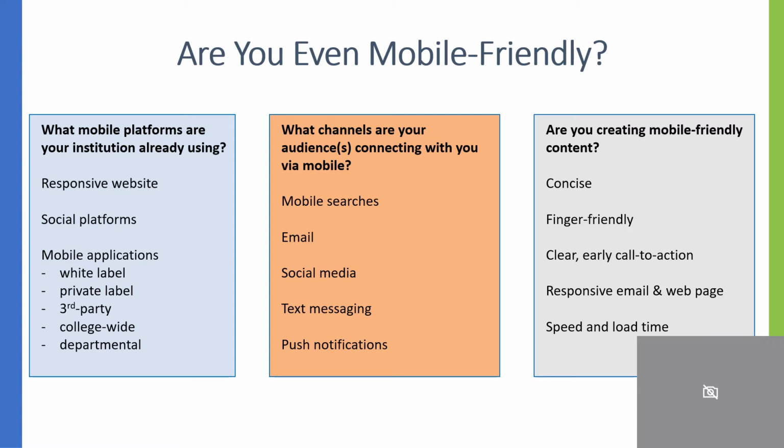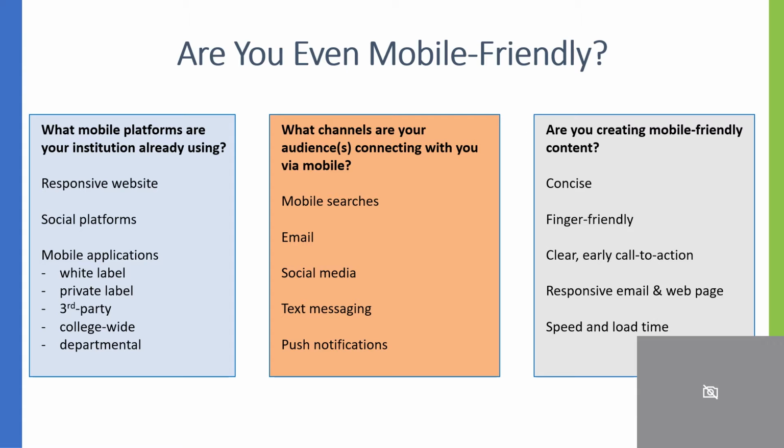Another thing to consider is understanding the wide variety of mobile applications that are already likely being engaged with your institution. There are multiple departments across campus that are likely engaging in software as a service for some of their activities and some of their programs and how they're engaging with students. And so understanding how those applications fit into the overall engagement is really important.